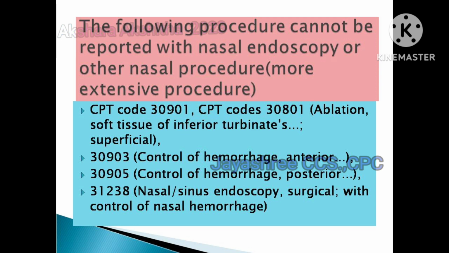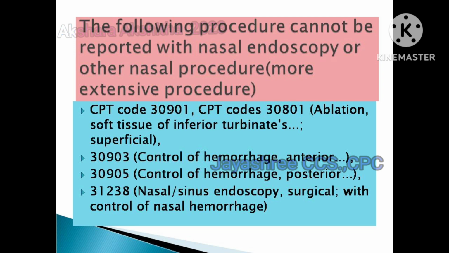These are the control of bleeding procedures from the respiratory system. We cannot bill them with the major nasal endoscopy or any nasal-related more extensive procedure. Only for one reason can we bill the control of bleeding procedure: if the bleeding occurs in the post-operative period, then we can bill that CPT code with the 78 modifier.